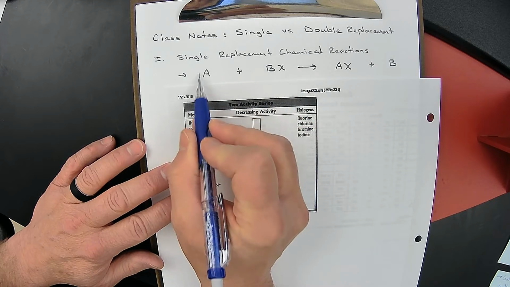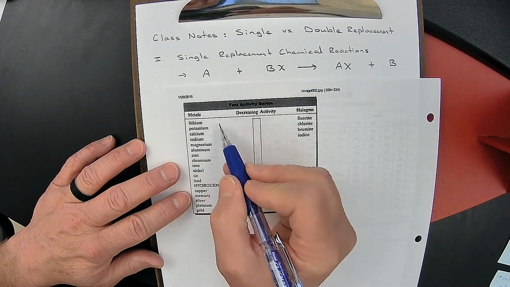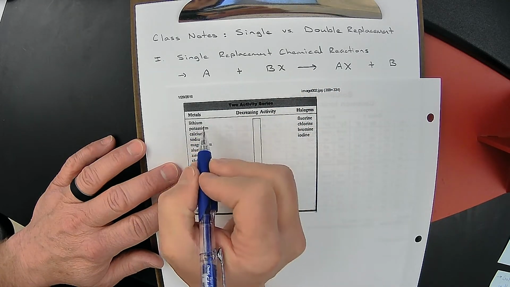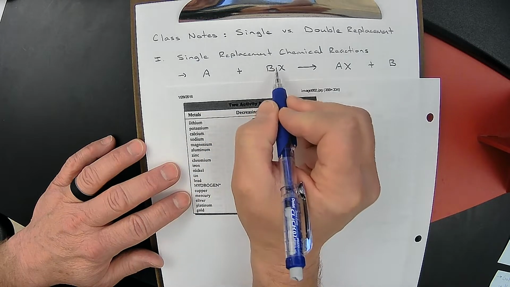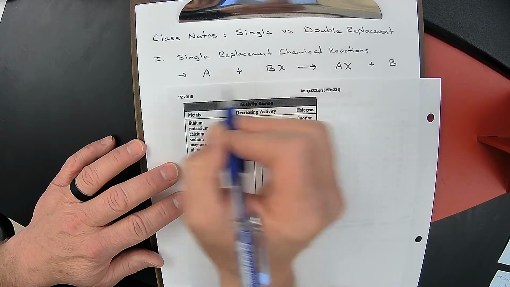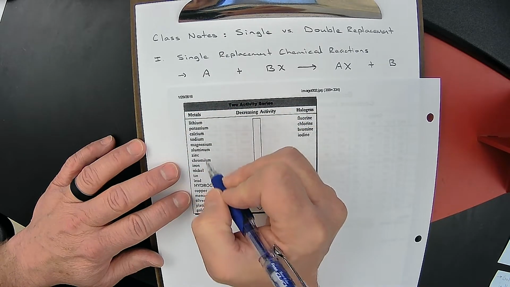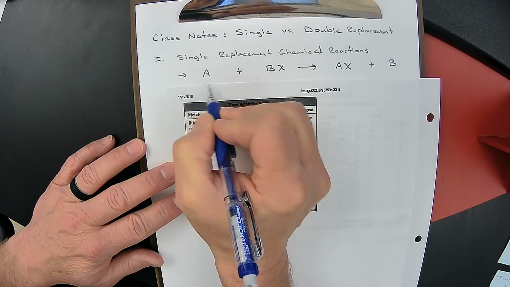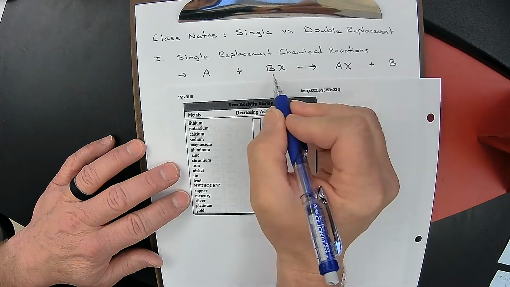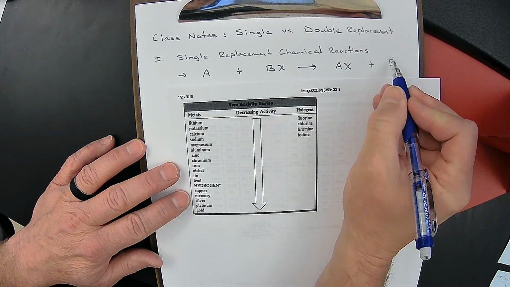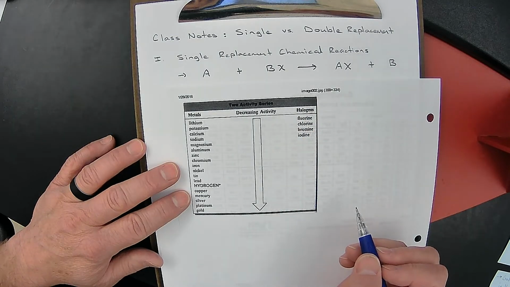But in this pattern, a metal is going to replace another metal, and what we look at is this metal activity series. We're looking to see if A is more reactive than B. If A is more reactive, which means it's going to be higher on this list, then A is going to replace B. B will be sent out by itself, and A will then be connected with X.